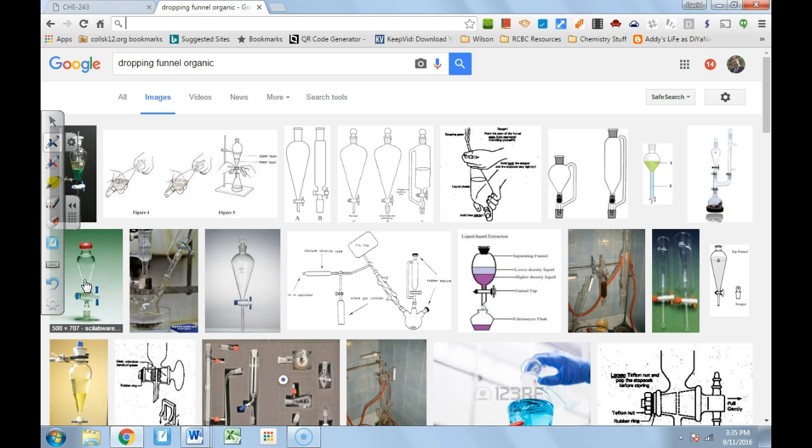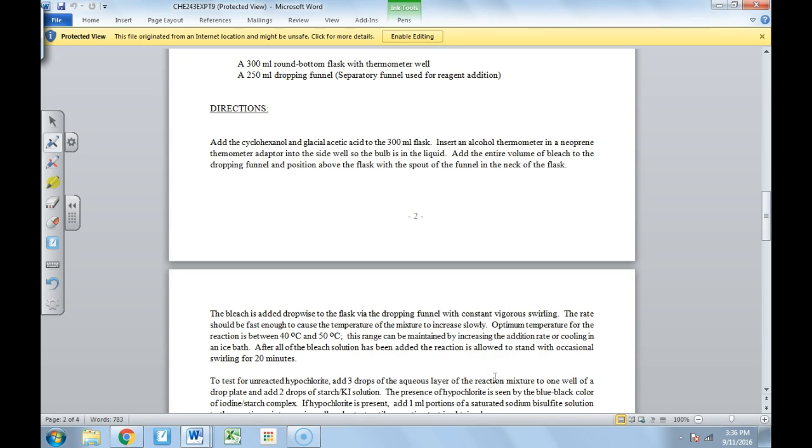Get your 155 milliliters of bleach, add 100 milliliters to the smaller dropping funnel, and then as that goes down, again, the ground glass stopper is going to be off of that joint. You can add the bleach to the funnel as it's dropping into the reaction mixture. It's no big deal. It's not going to affect the outcome of the reaction. Okay, so.